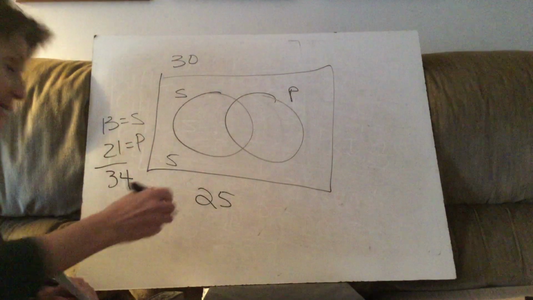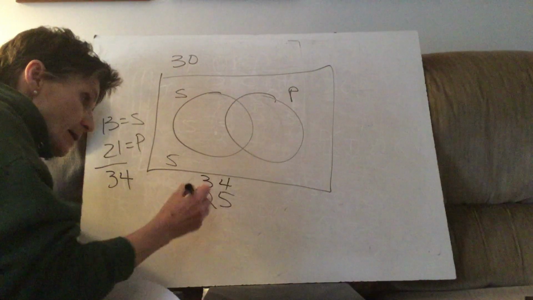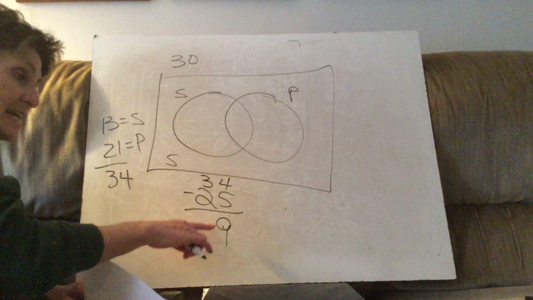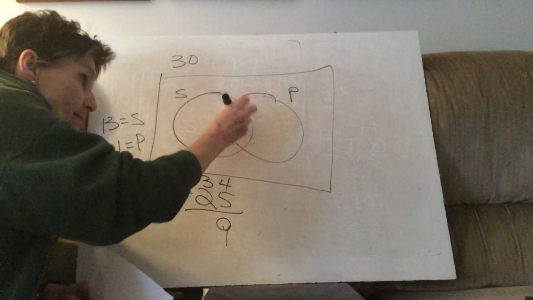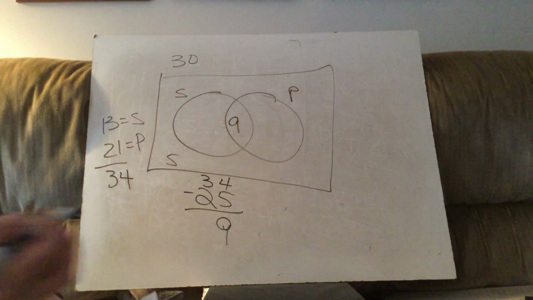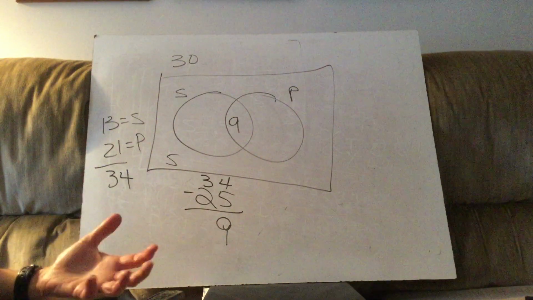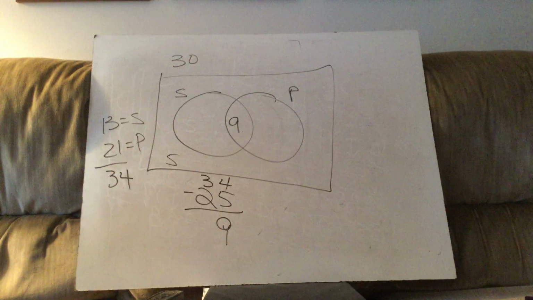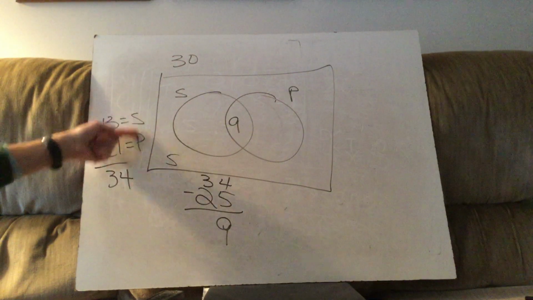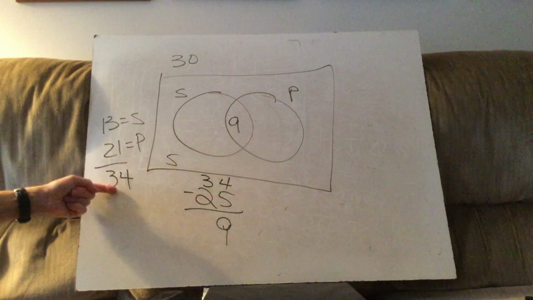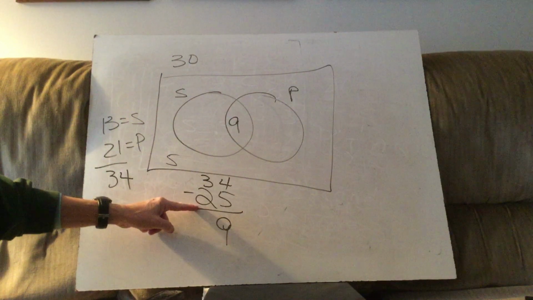So that means that there must be 9 extra kids, or 9 kids that bought extra things. 9 kids that bought twice. They bought a sandwich and a pizza. Because there were 34 items sold to 25 people.